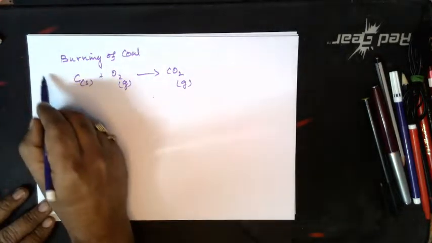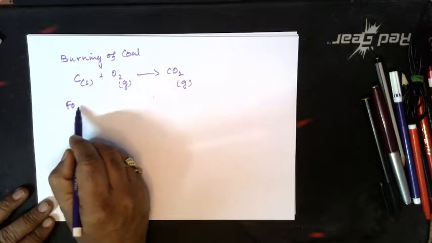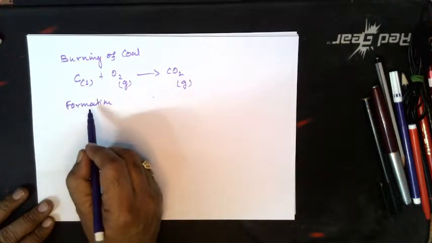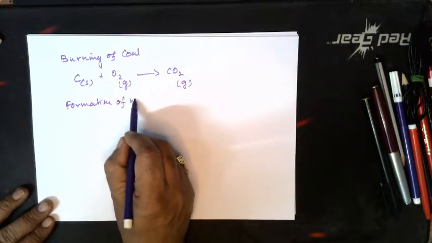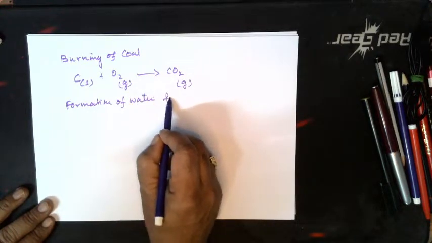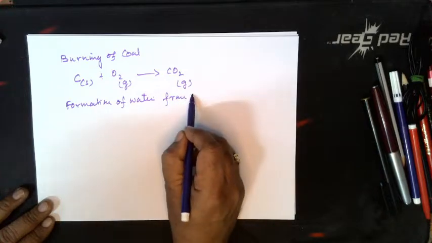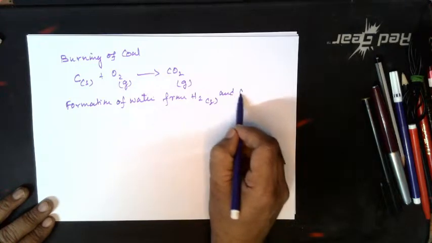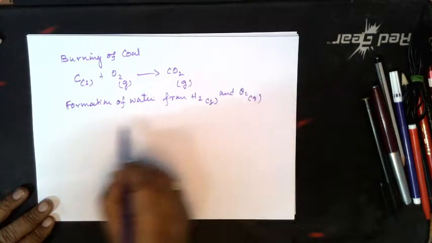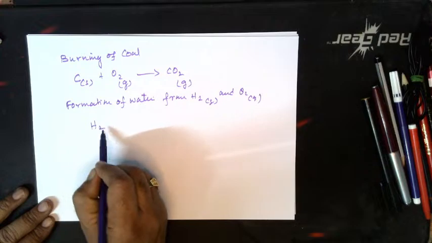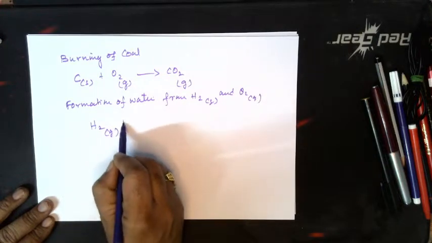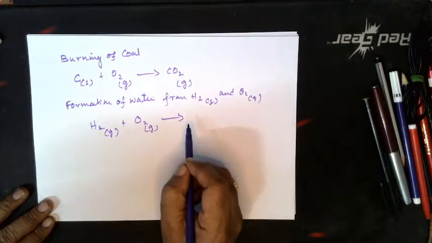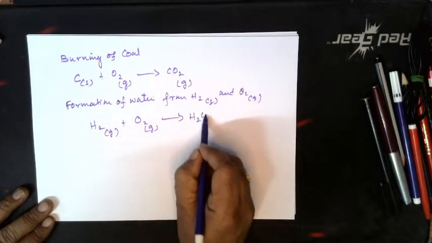Let us have another example, take down: formation of water from hydrogen gas and oxygen gas. Let us combine these two gases, hydrogen in the gaseous form, oxygen in the gaseous form. It gives H2O, which is in the liquid form.